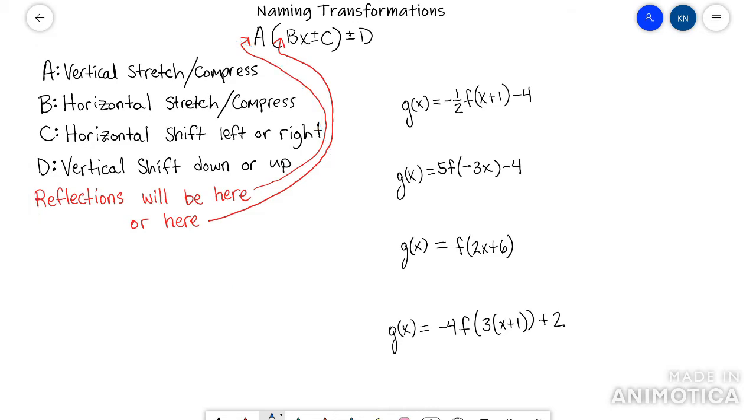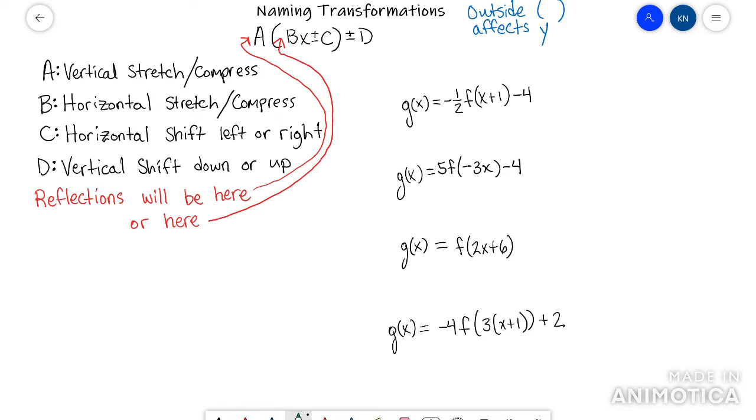Okay, and then there's another general rule. If it's outside the parentheses, it affects the y. So everything outside the parentheses affects the y, and the y is vertical. So that's super important to know.